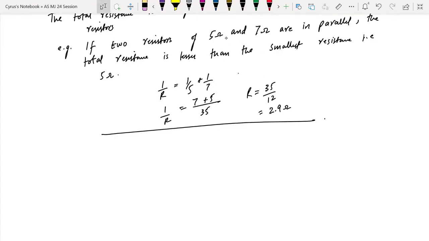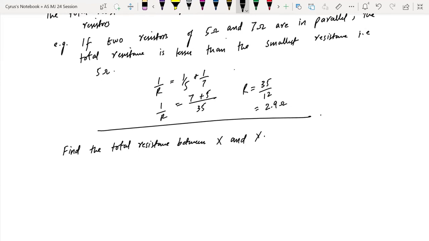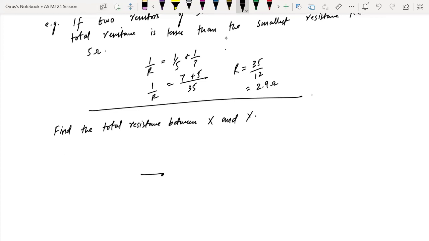Remember that. So we have here: find the total resistance between X and Y, where we have something of this sort. We have here a junction. This is a resistor here. Let's say this is 5 ohms.